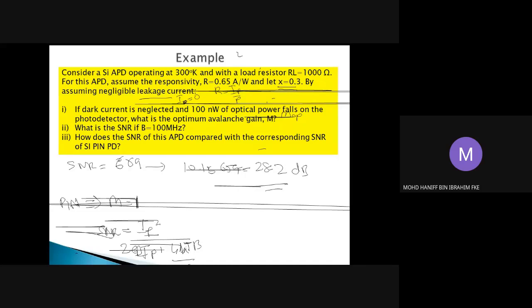We only have these terms here for the case of SNR of PIN photodiode. By substituting all the information, we get that SNR shall be equal to 2.3. And in dB it should be 10 log of 2.